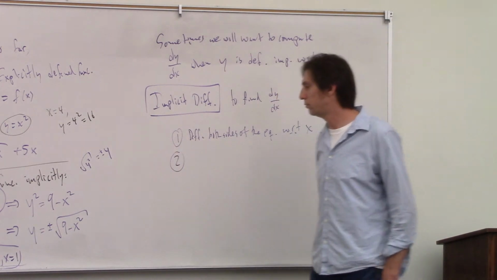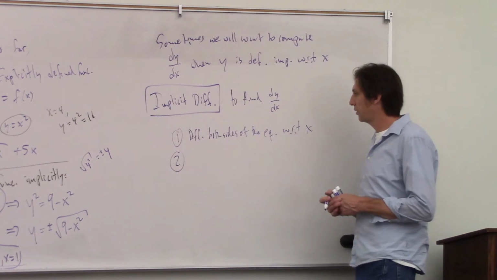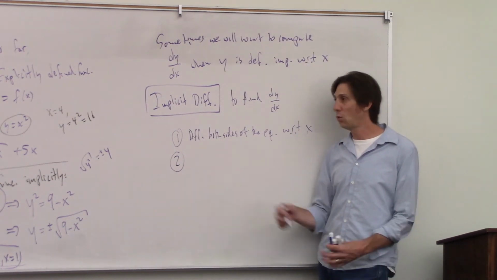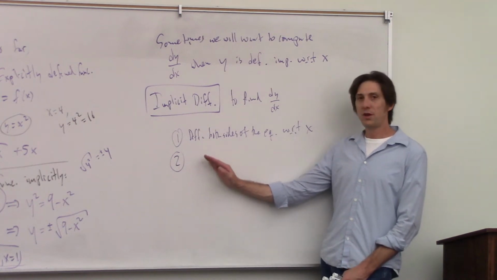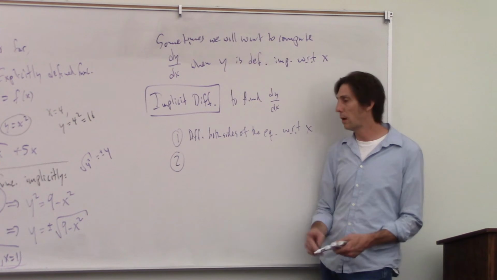In step 2, as we compute the derivative of both sides, we're going to come across occurrences of both x and y. The occurrences of x that we come across, we will just differentiate in the usual way.